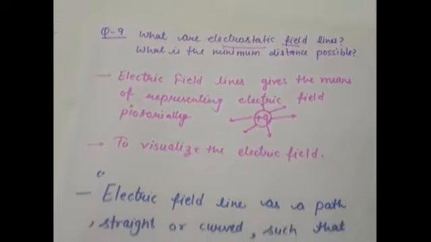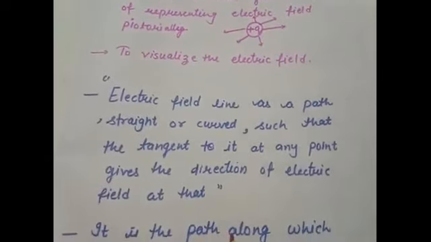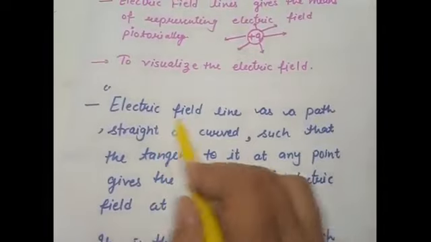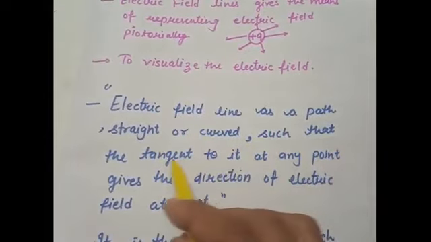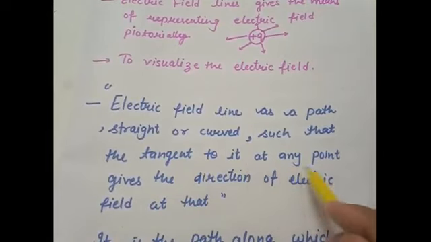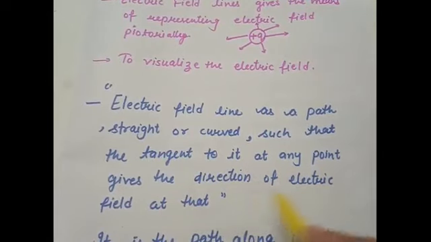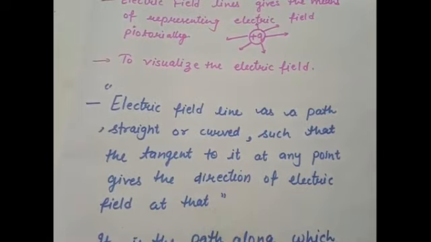Or you can also define electric field lines as the path, straight or curved, such that the tangent to it at any point gives the direction of electric field at that point. So electric field lines can be straight or curved depending upon the type of charges provided in the field.